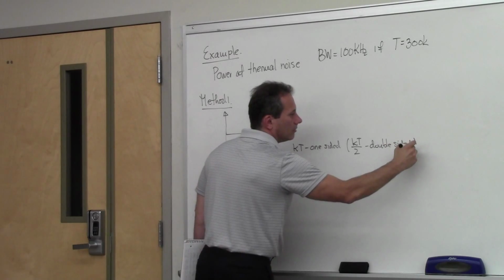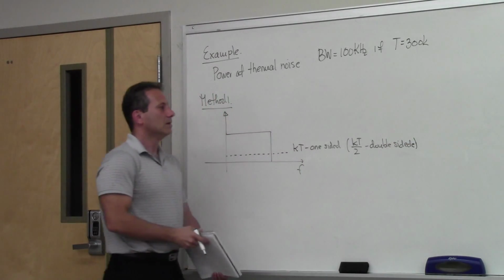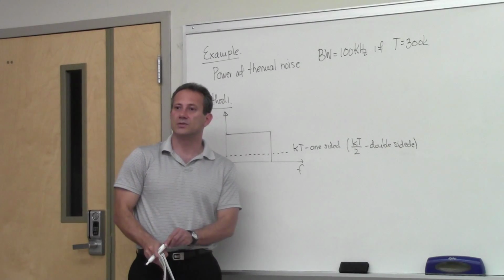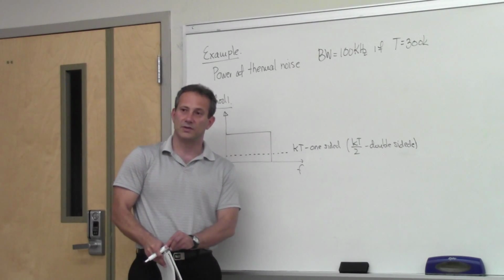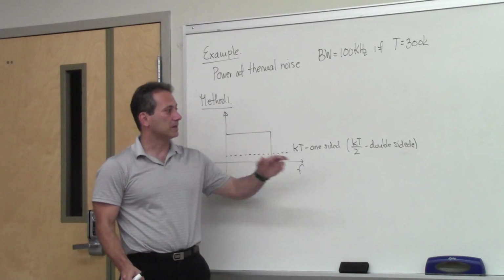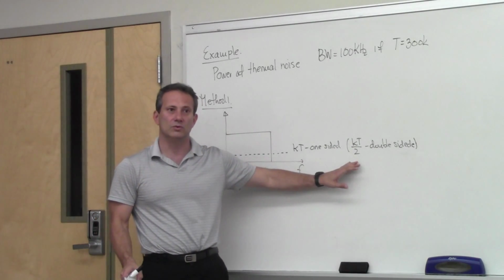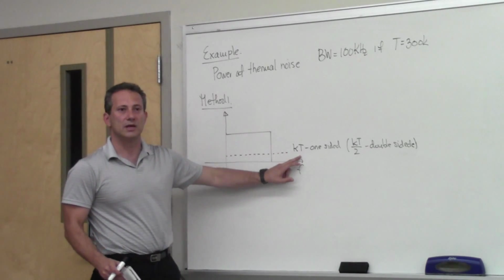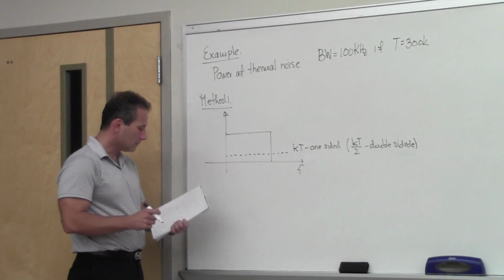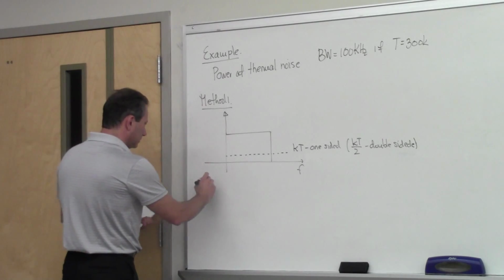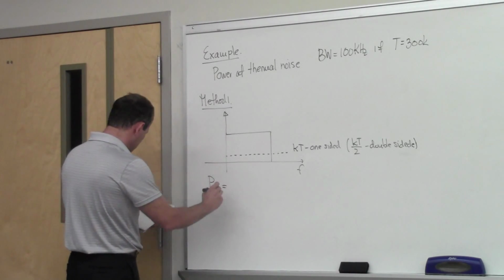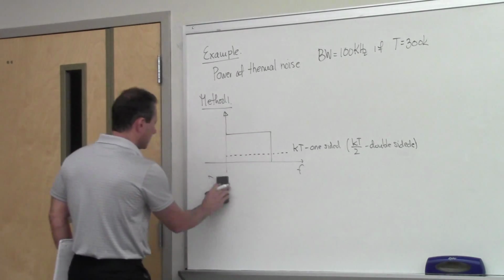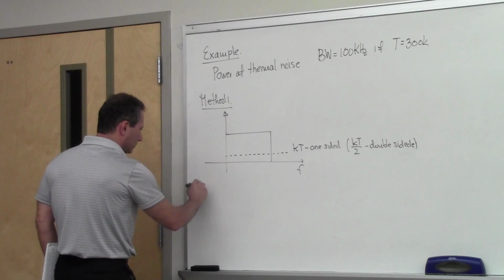You know that when we do Fourier analysis, we work with a double-sided spectrum that has frequencies going from minus infinity to plus infinity. Then the power spectral density of the noise is KT over 2. But if you're working one-sided, then you just use that KT. Now, let's just use one-sided.